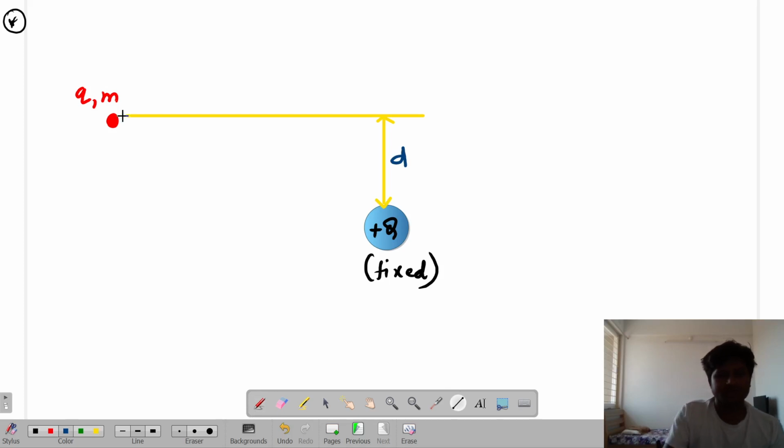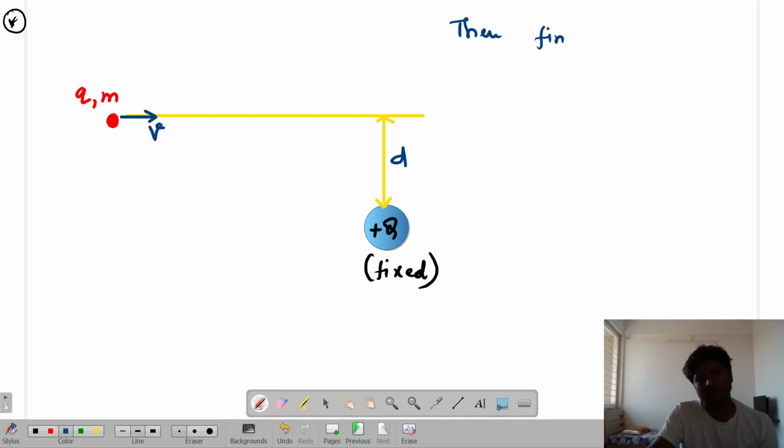Now, if the point charge is released with some velocity v towards the capital Q, then find the closest distance of approach.